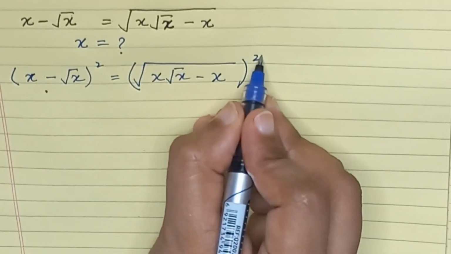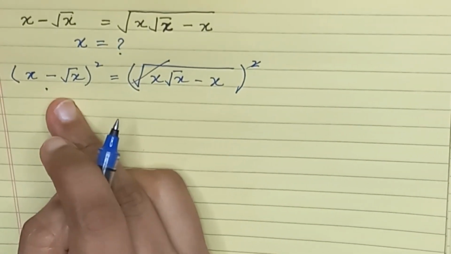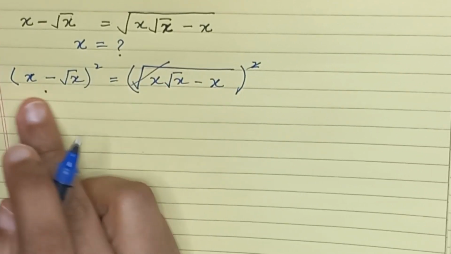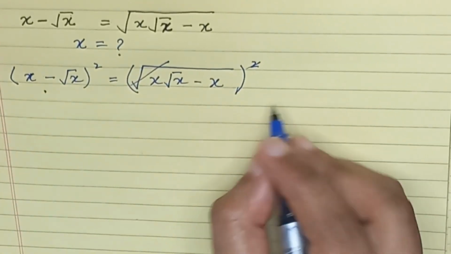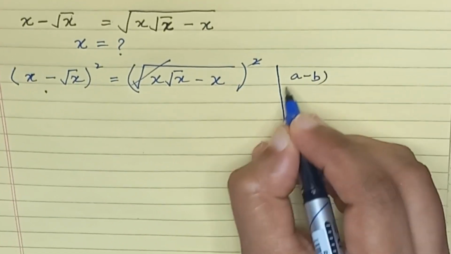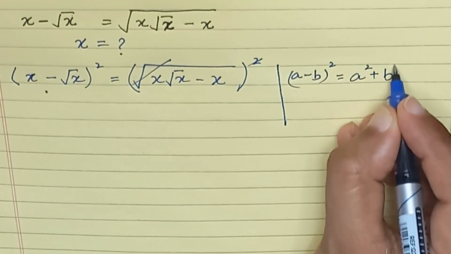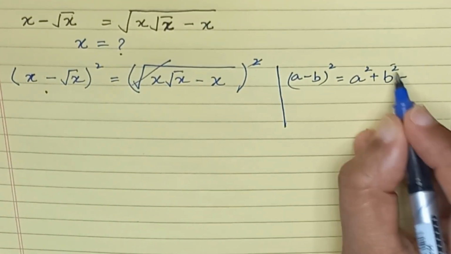From here the square and square root will cancel out, and we have remaining (x minus square root of x) whole square. It is the form of (a minus b) whole square, which is equal to a square plus b square minus 2ab.